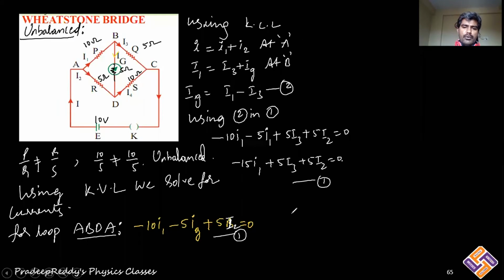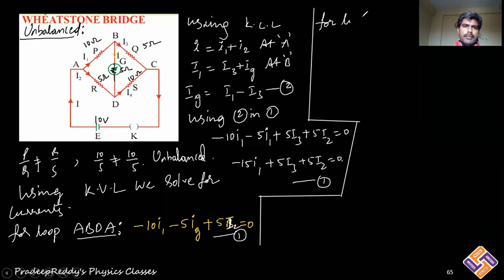Next, take another loop. Take one more loop, BCDB. You can take BCDB or you can take loop ADCE, like you can take this bigger loop or smaller loop.